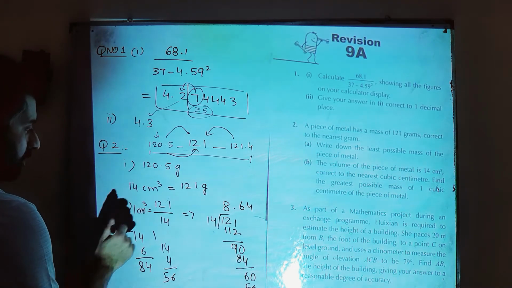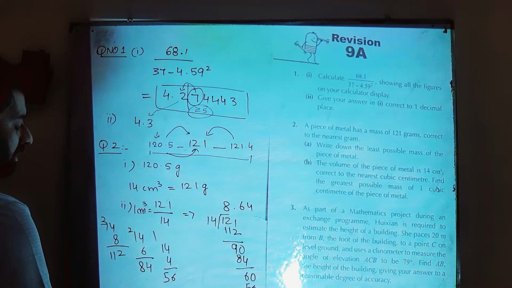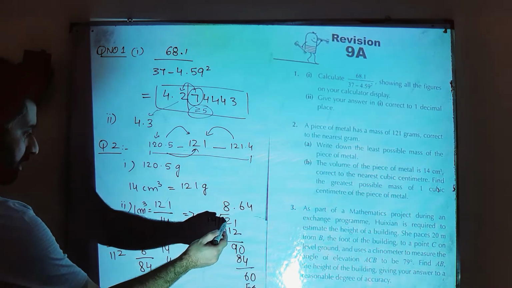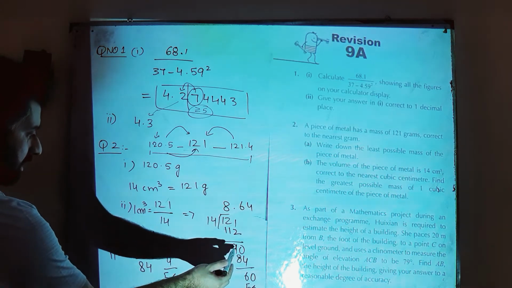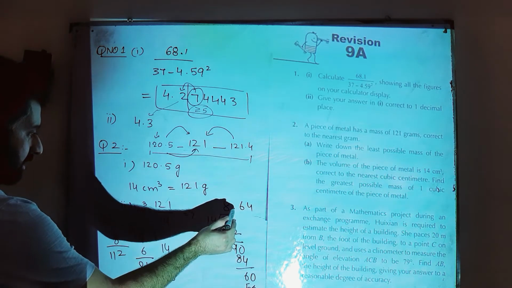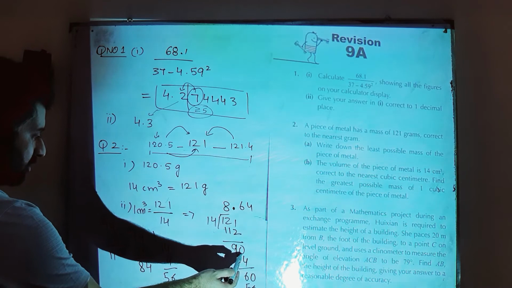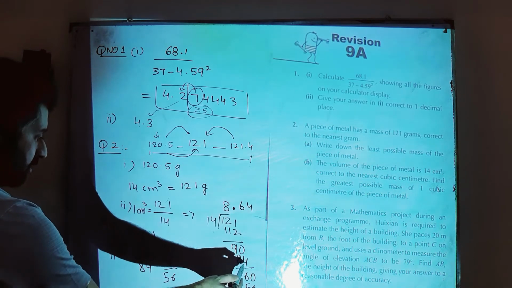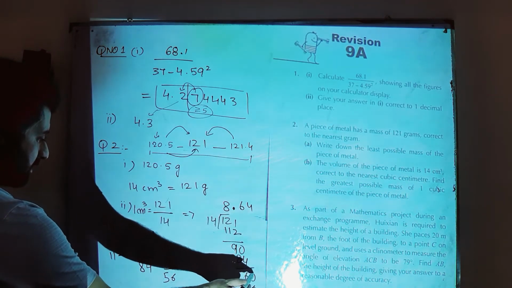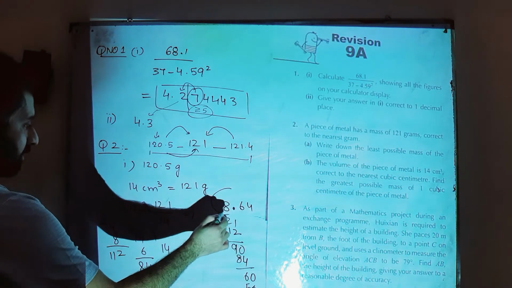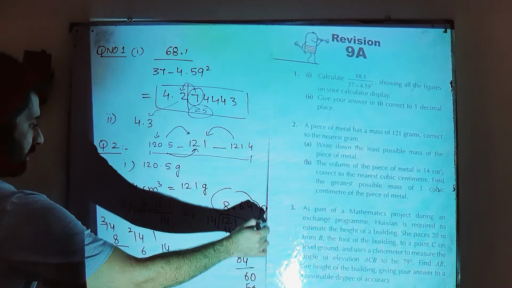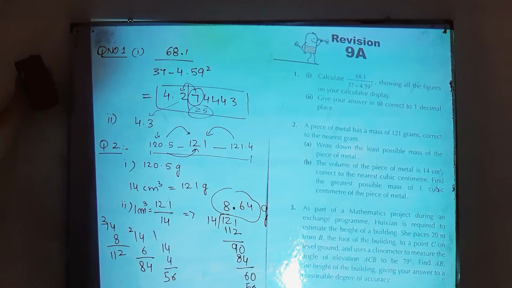Now you can simplify it. 121 divided by 14. 14 times 8 is 112, 9 will be the remainder. Insert a decimal and a 0. 14 times 6 is 84, 6 remainder. Insert 0. 14 times 4 is 56. So it is 8.64 grams for 1 cubic centimeter.